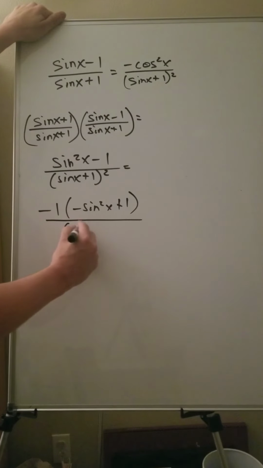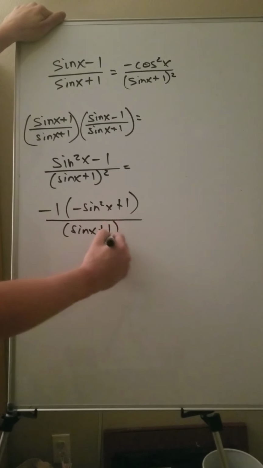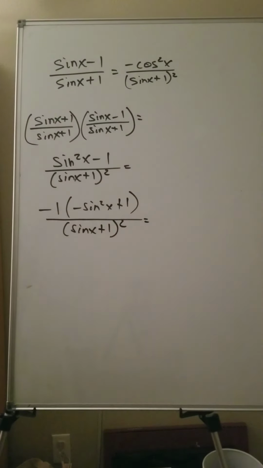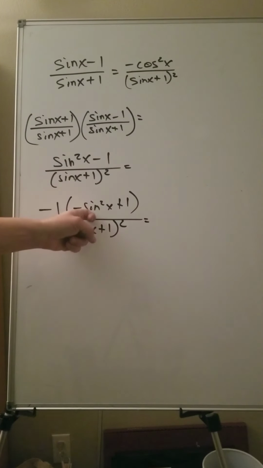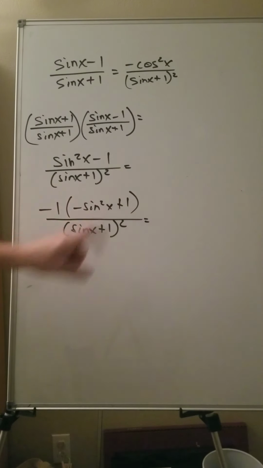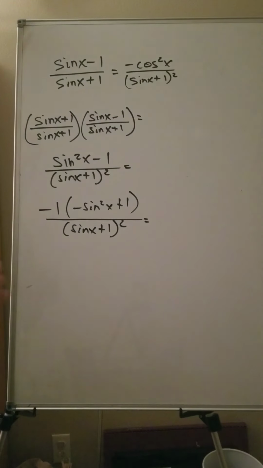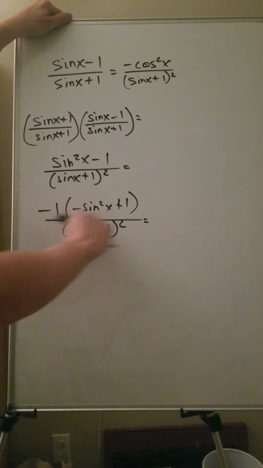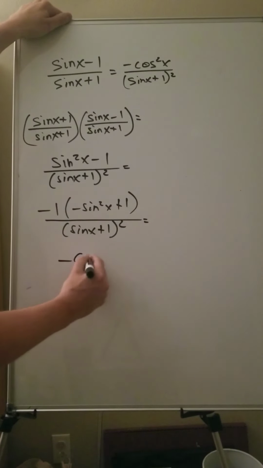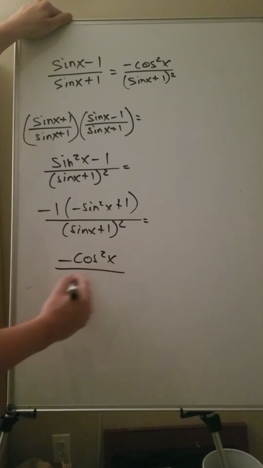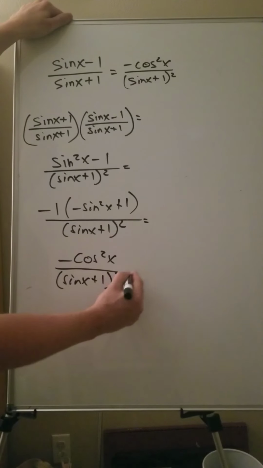In the denominator, I still have sine x plus 1 squared. And if I look at this, negative sine squared x plus 1, well, that's no different than saying 1 minus sine squared x. And again, what is 1 minus sine squared x? It's really just cosine squared x. So I would get negative 1 times cosine squared x. That's negative cosine squared x. In the denominator, I have sine x plus 1 squared.